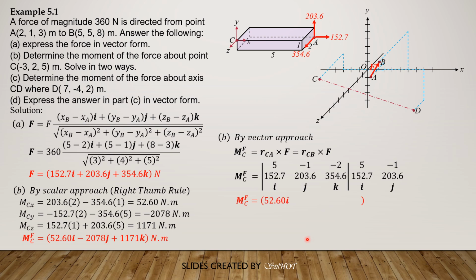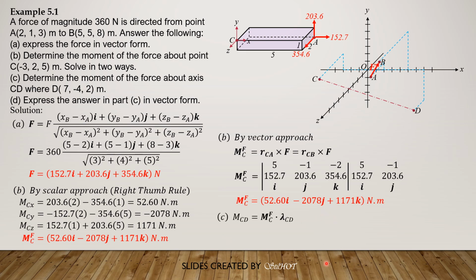So it will give us the same value of 52.6i. Then for j, negative 2 times 152.7, then minus 354.6 times 5, so that's negative 2078, just like here. Then for k, 5 times 203.6, then minus 152.7 times negative 1, so that becomes positive 152.7 times 1, which is the same as this. So the result is 1171 Newton meter.